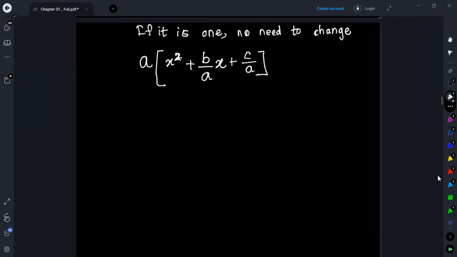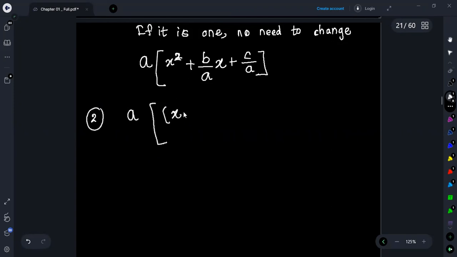As the second step, we keep this a as it is, open a parenthesis, and write the variable x as it is, skipping the square term, and then the sign.